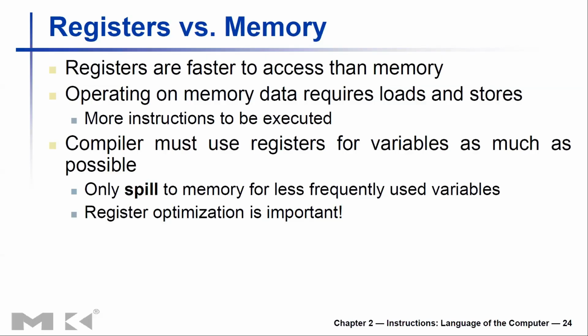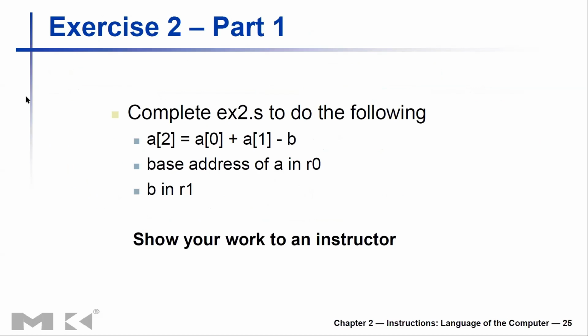Only if you need it, you should do it. That is the idea here. Register optimization is important. You need to optimize the usage of registers so that memory accesses are reduced as much as possible.